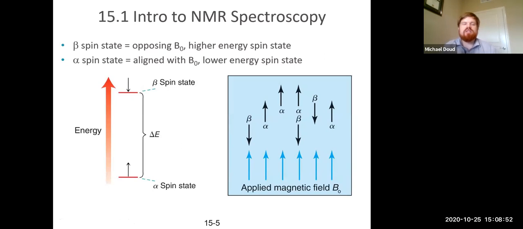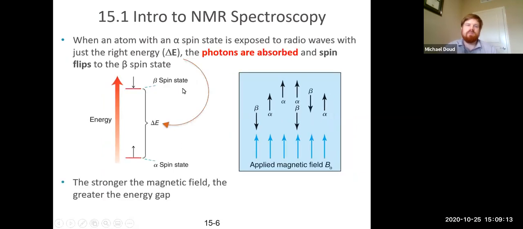So this is just your definition here. The beta spin state, because it opposes the magnetic field, is the higher energy spin state, whereas the alpha spin state is aligned with the external magnetic field. So that means it's going to be a lower energy spin state. So alpha is lower in energy than the beta. Now this delta E is what's going to be important for NMR.